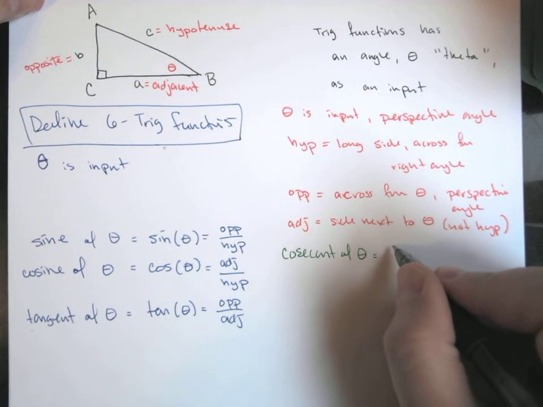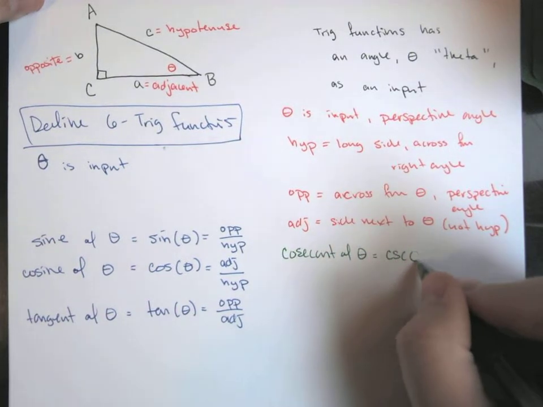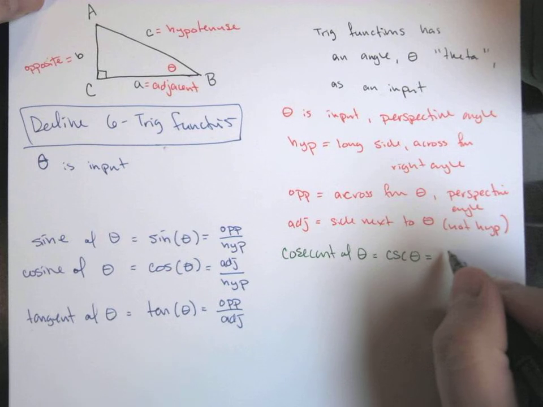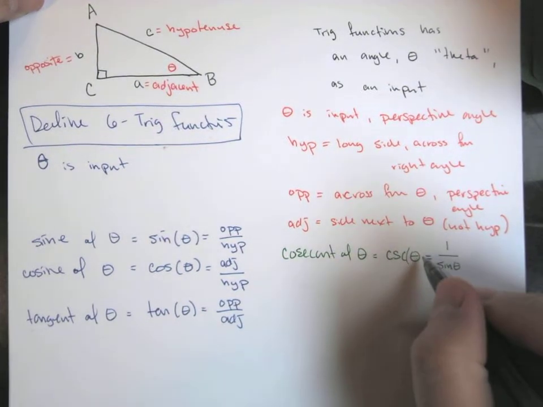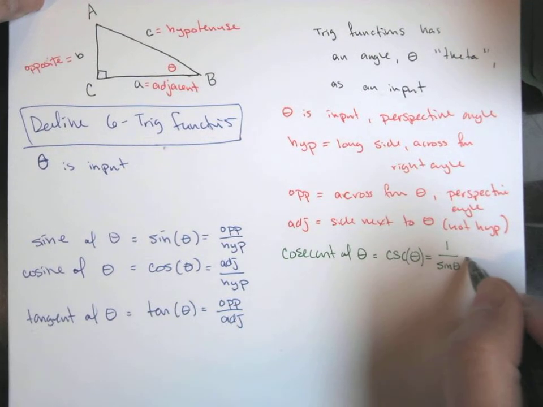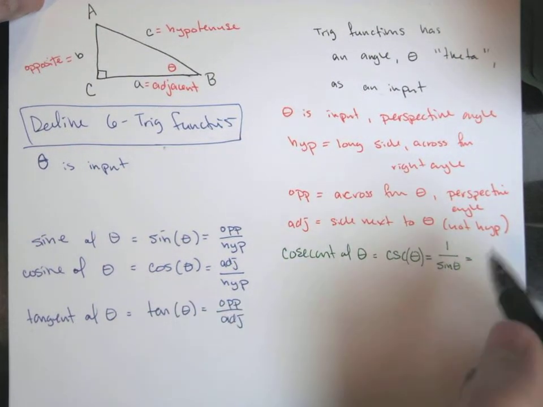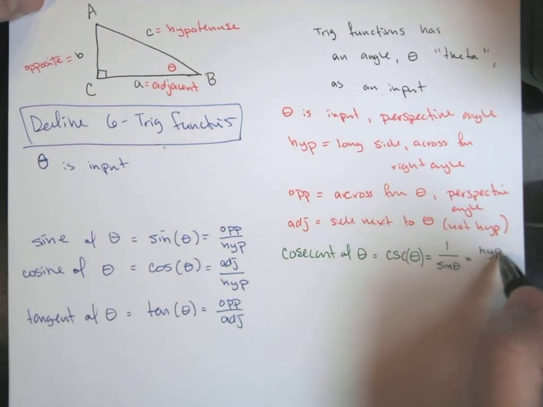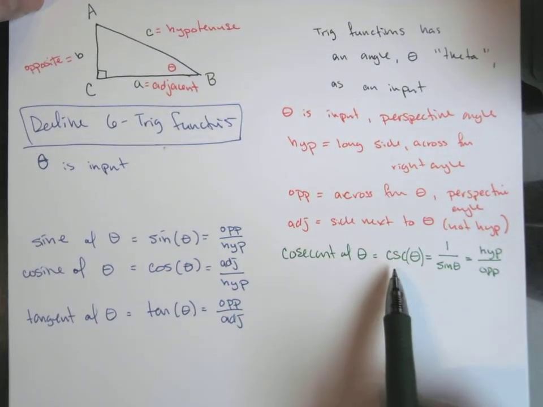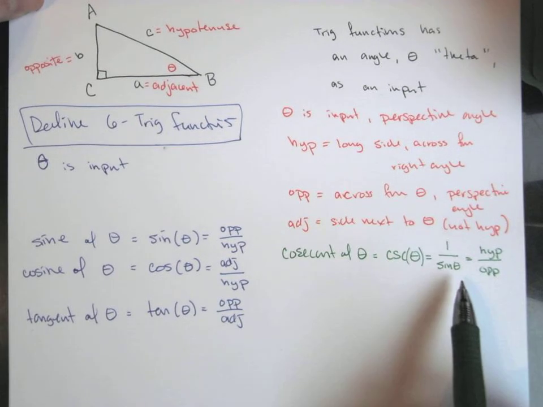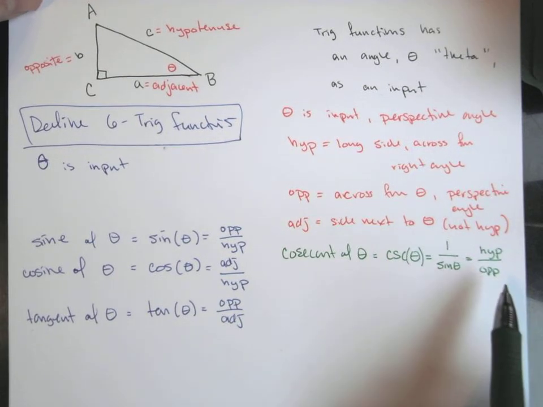And so that's going to be CSC. And the definition there is it's the reciprocal of the sine function. So it's 1 over the sine function, which means it's going to be flipping this fraction. So it's the hypotenuse on top and then the opposite on the bottom. So cosecant, CSC of theta, is 1 over the sine function, which is the hypotenuse over the opposite.